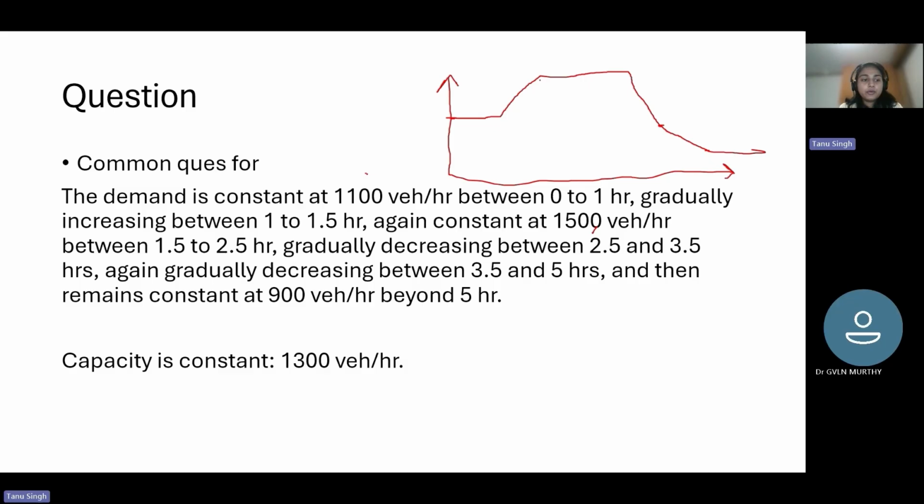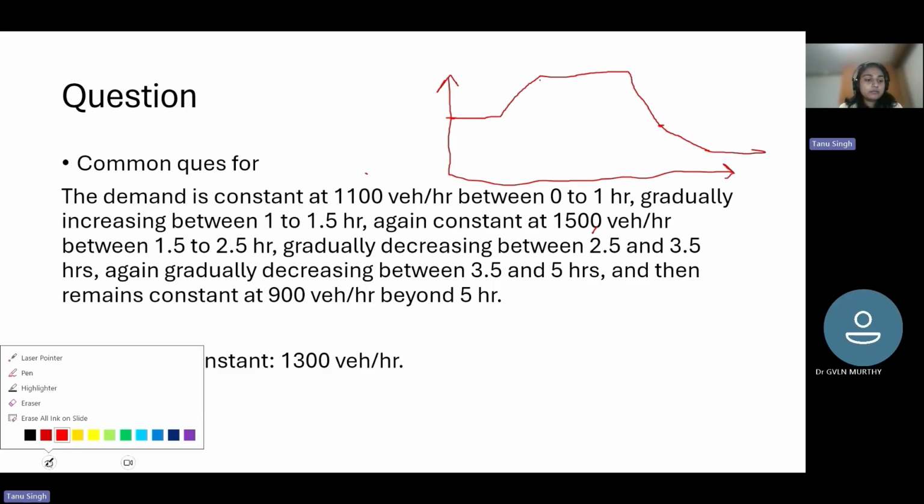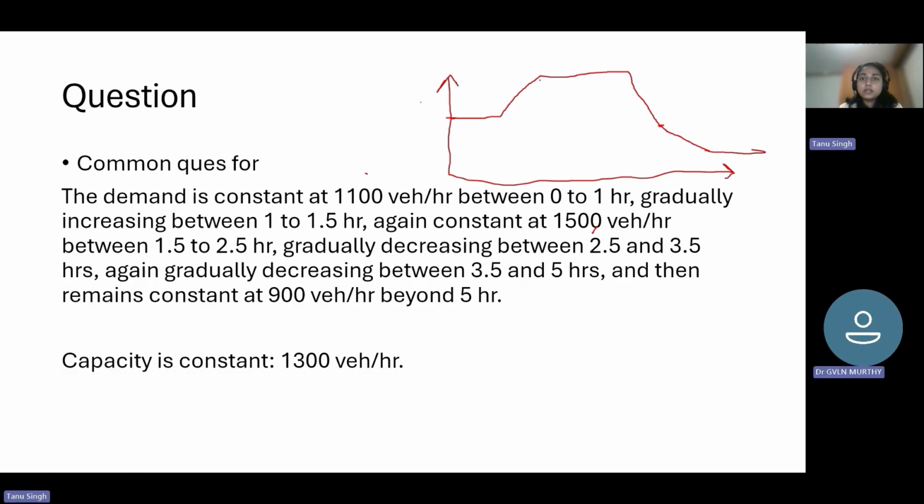But the capacity is 1300, which is somewhere here. Okay, so this is the capacity, which is 1300.